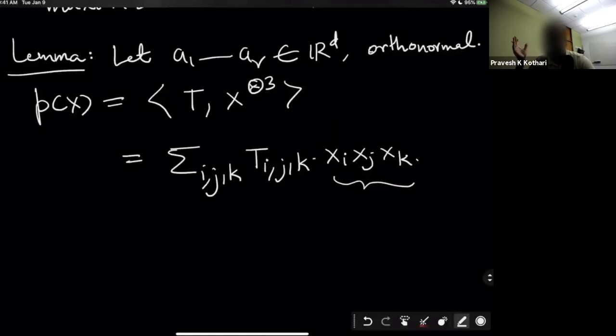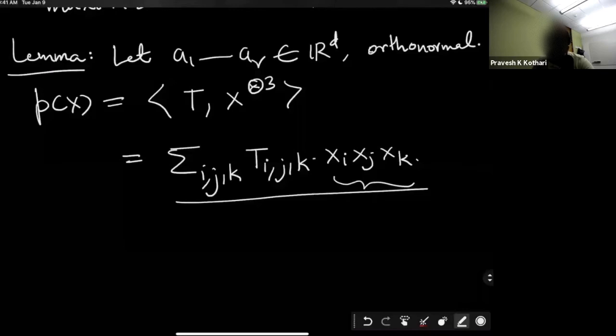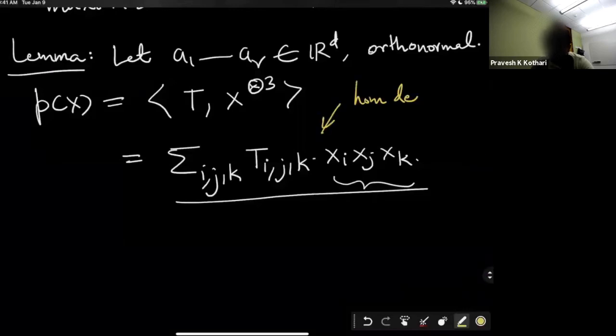In particular, a tensor could have all possible triples of different entries. Of course, for our tensor it may not, but in this summation the monomial x_i x_j x_k appears 6 times for ijk distinct, and a different number of times when ijk have collapses and so on. Anyway, what matters is that this is a homogeneous polynomial of degree 3.